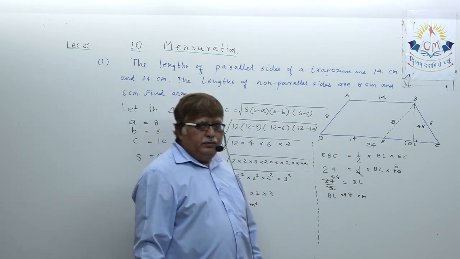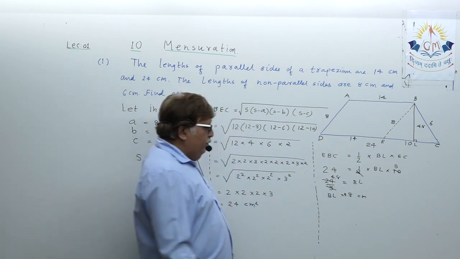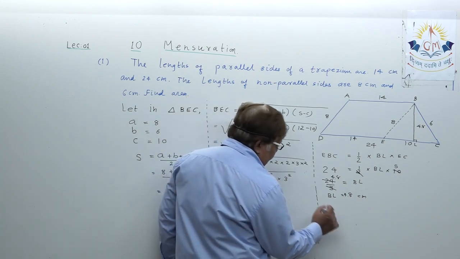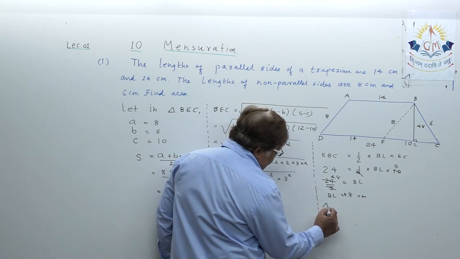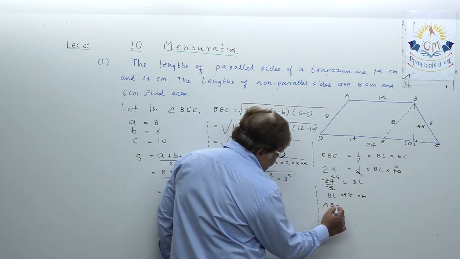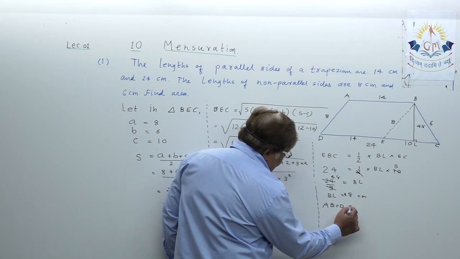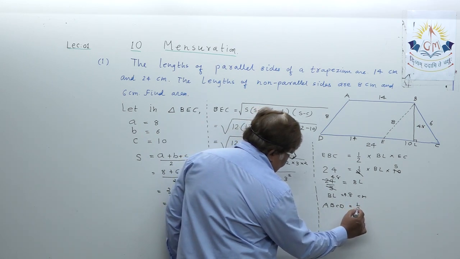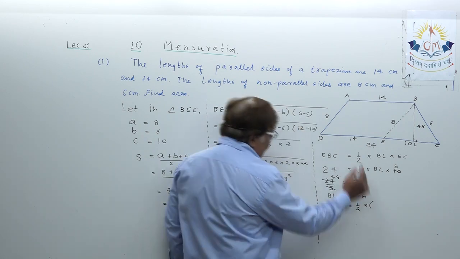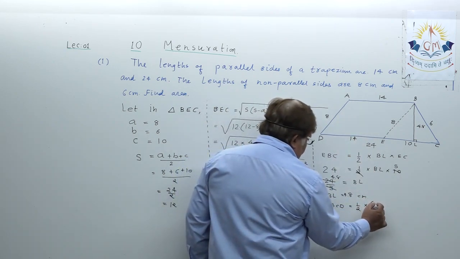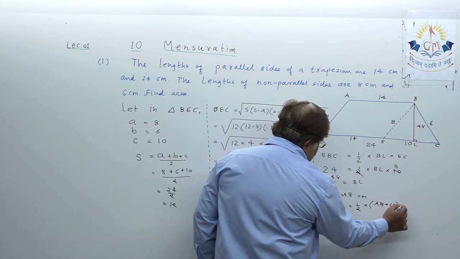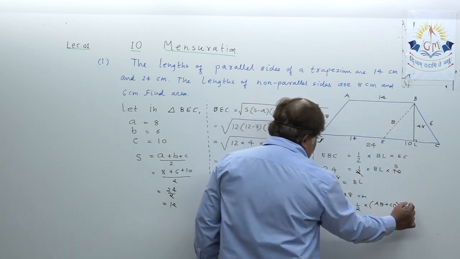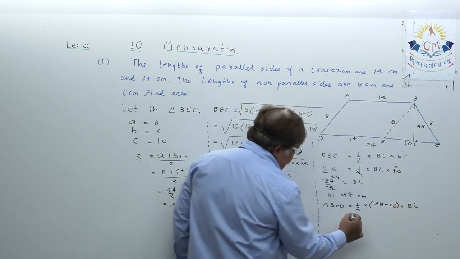So now it becomes easy for you to find the area. I am continuing here only, dear student. Now you write ABCD. That means area of trapezium ABCD is half into sum of the parallel sides AB plus CD into distance between parallel sides.